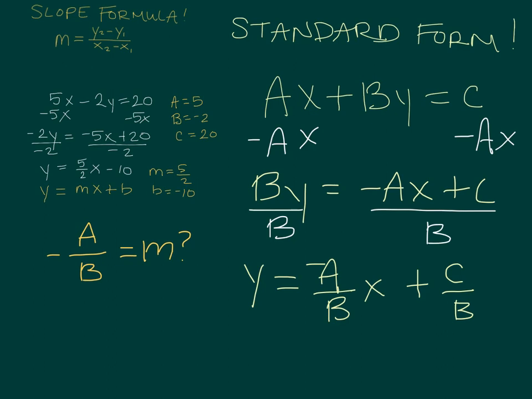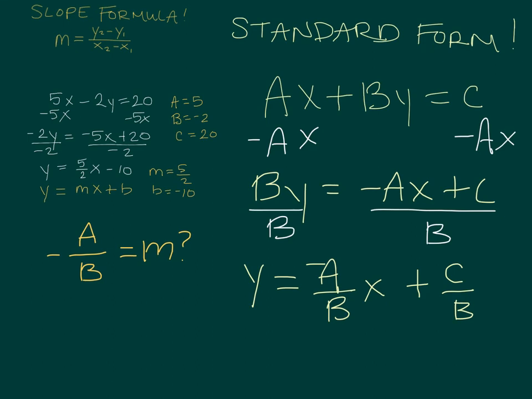Now I'm going to remember here the coefficient on x is my slope. Coefficient on x is my slope. Negative a over b. It's the same as negative a over b. That's a pretty cool shortcut.